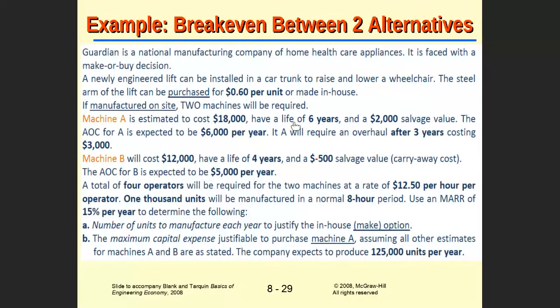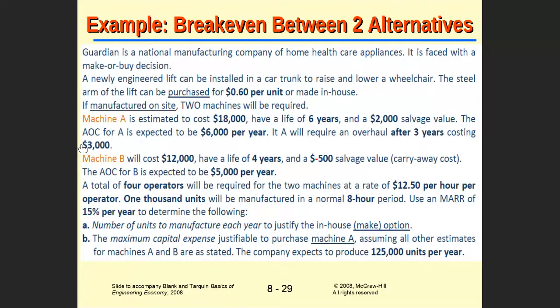The life is the number of years of this alternative, 6 years. The salvage value is the inflow, 2,000 at the end of year 6. The annual operating cost is 6,000 per year for 6 years. And then there is an additional cost after 3 years of 3,000.